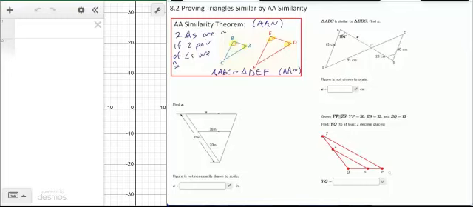So if you're looking at these types of problems where this will come into play, okay, so what you see right here is, if we take this first example, we're given that these 2 angles are equal. And you also know that this pair of vertical angles right here are also equal. And so by AA similarity, you know these are 2 similar triangles.